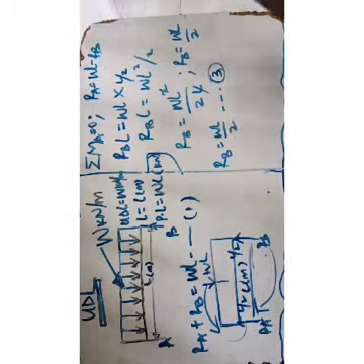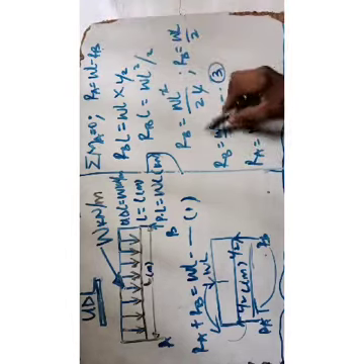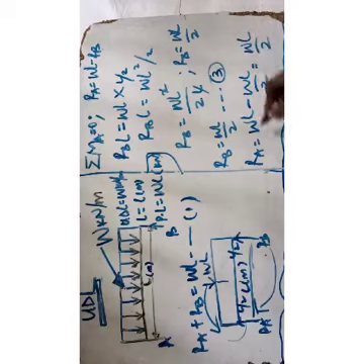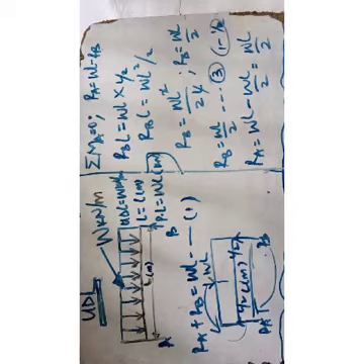So you can now substitute this inside here, and that will make RA equal to WL minus WL over 2, and that will be 1 minus half, which still gives you WL over 2. So therefore we can now say that RB is WL over 2 and RA is WL over 2.